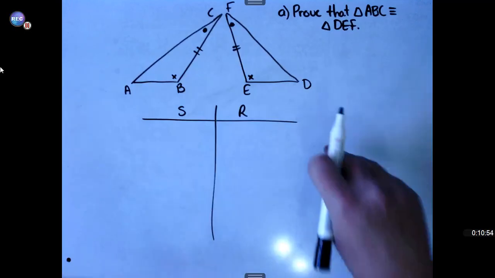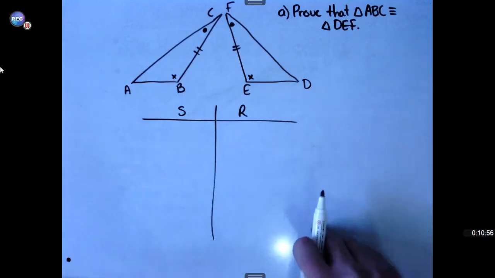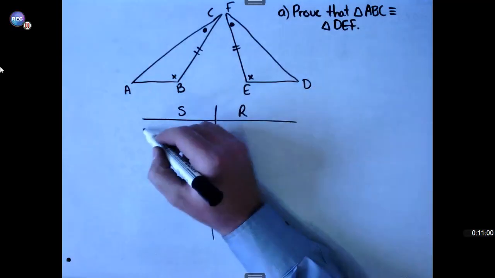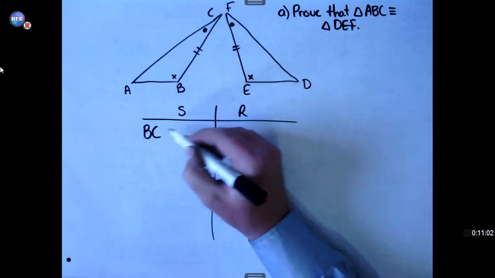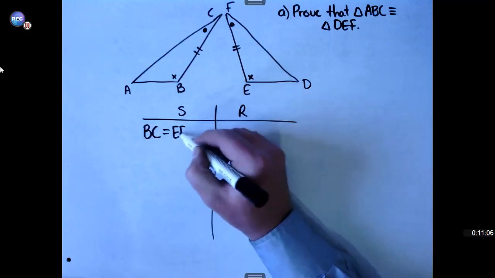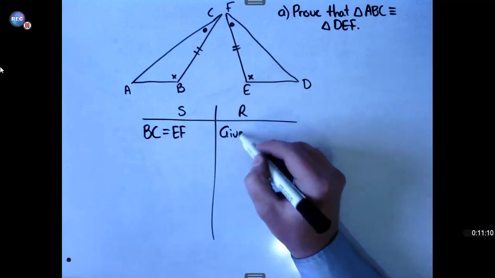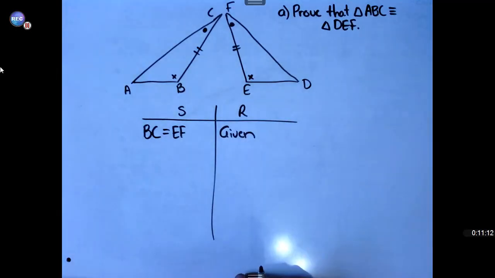SAA, so it's going to be side, angle, angle. So our first side that we're going to look at would be BC, which is equal to EF. And the reason there would be, obviously, it's given. It's given to you. Okay?